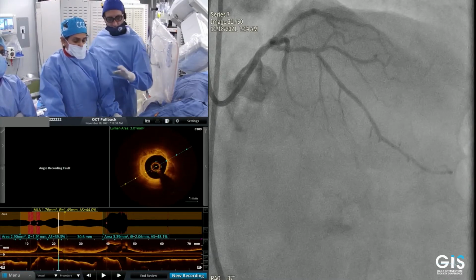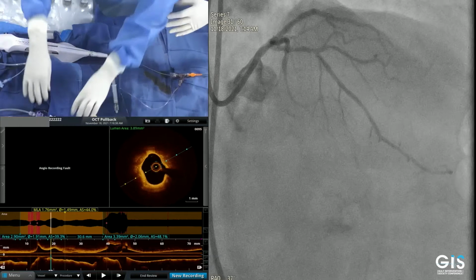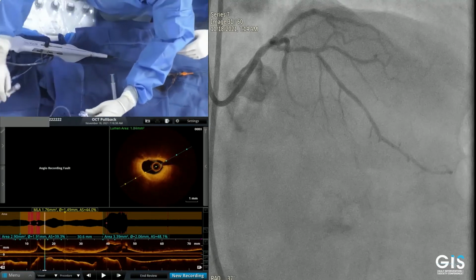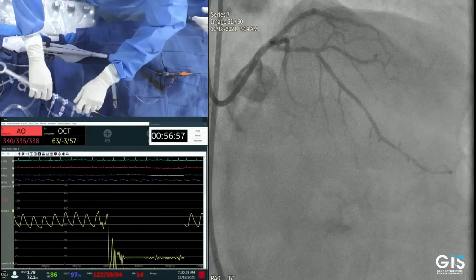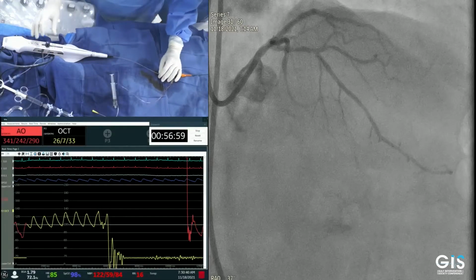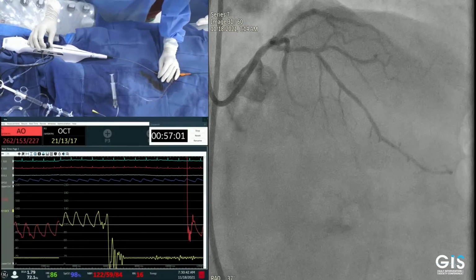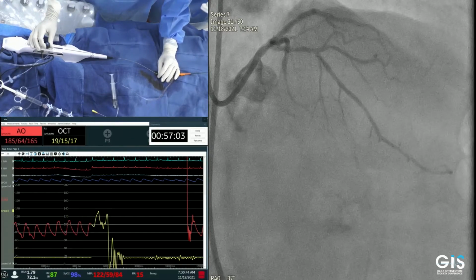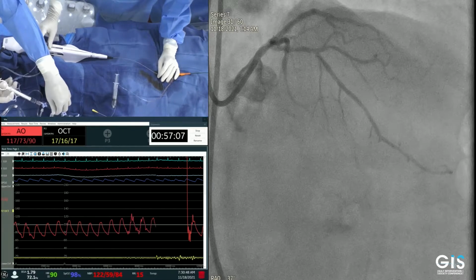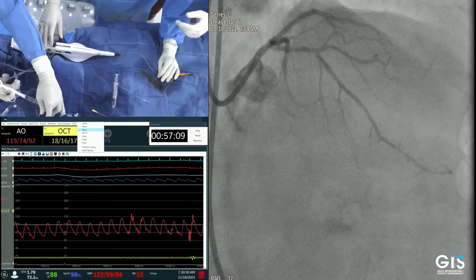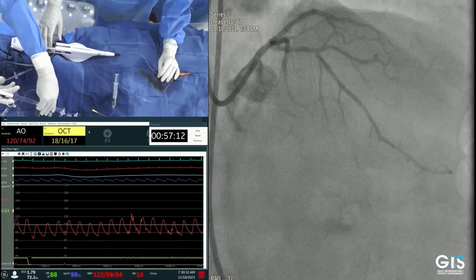So we set up the rotablator 1.5 burr to address this lesion as a pre-treatment. We discussed shockwave or other specialty balloons, or perhaps drug-coated balloons that are not available in the US but available where you are, perhaps for consideration for the side branch. That's another thing that is coming up.